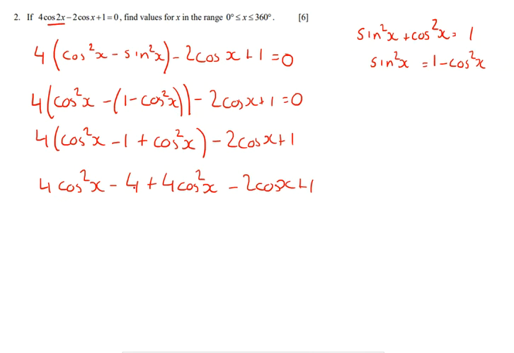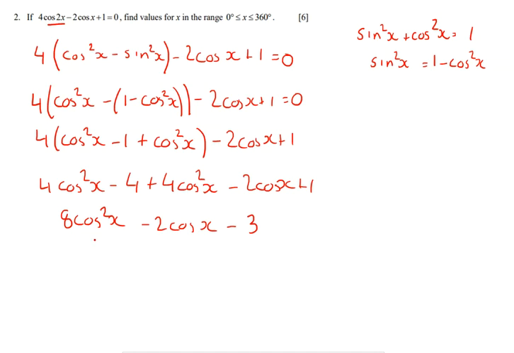Okay, so now let's collect the like terms. So we've got 4 cos squared x plus another 4 cos squared x, which gets us 8 cos squared x, minus 2 cos x, minus 4 plus 1 gets us our minus 3.